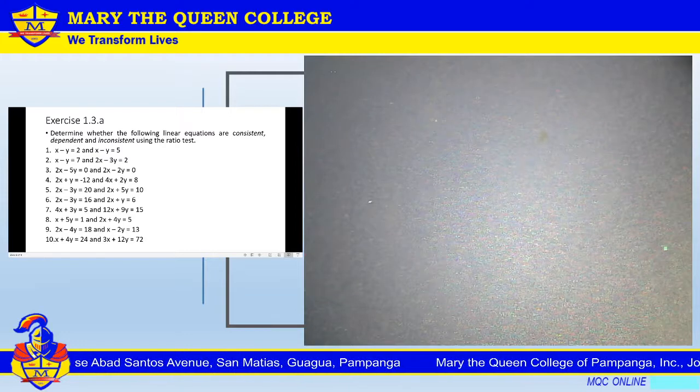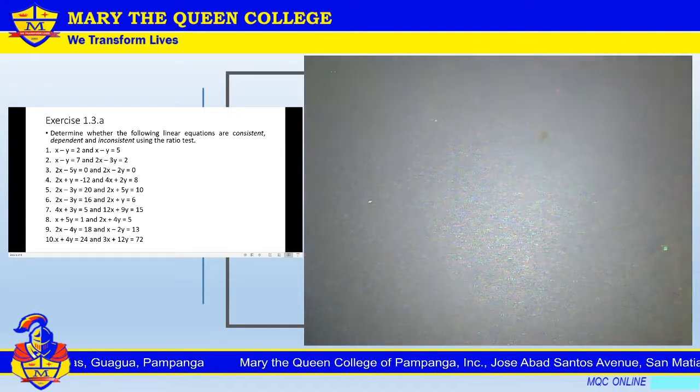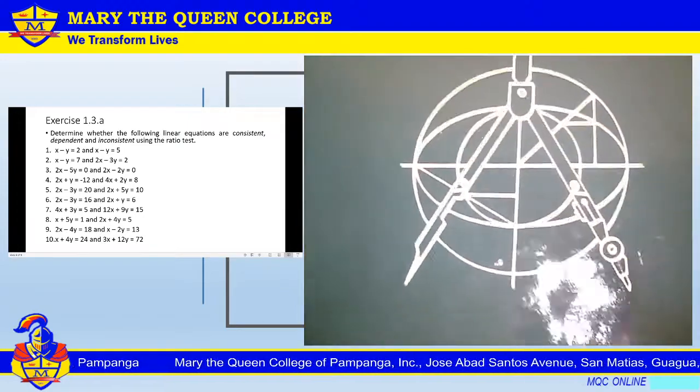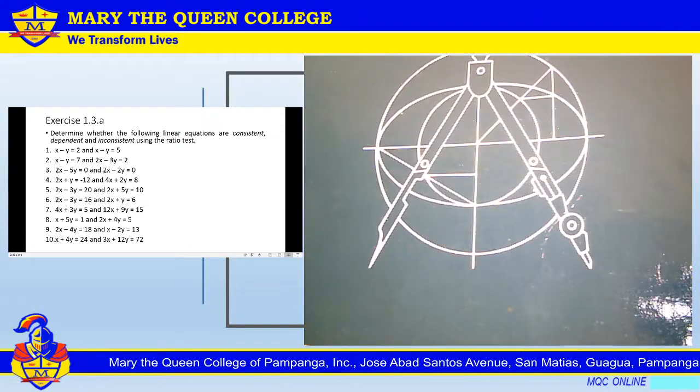So, just simply determine if the set of equations is a consistent system, dependent system, or inconsistent system using the ratio test. So this will be your activity to be submitted on our NEO LMS.